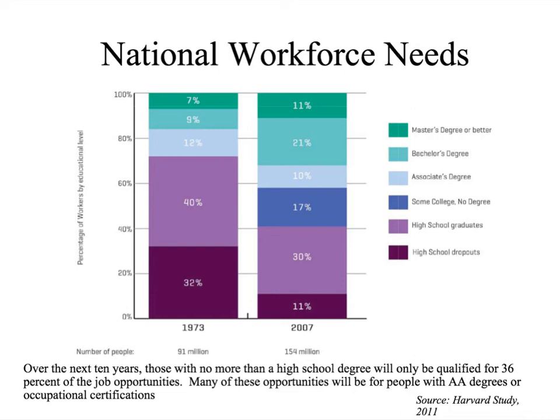In 1973 that was considerable, about 72% of the jobs. But by 2007 that had gone down to 41%, and the projection is that it will continue to drop. So we are on a trajectory of having a higher and higher percent of our jobs requiring at least some college, occupational certifications, bachelor's degrees, or higher.